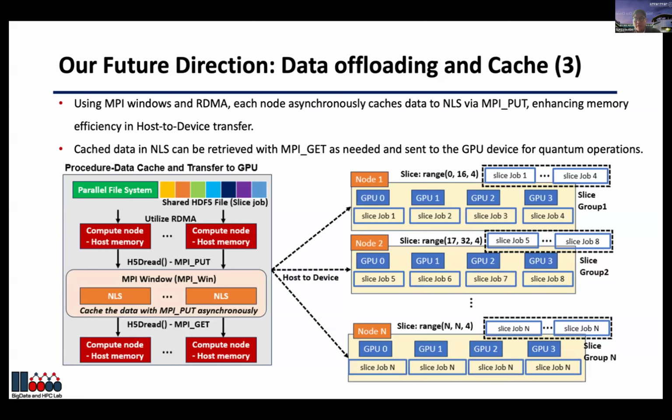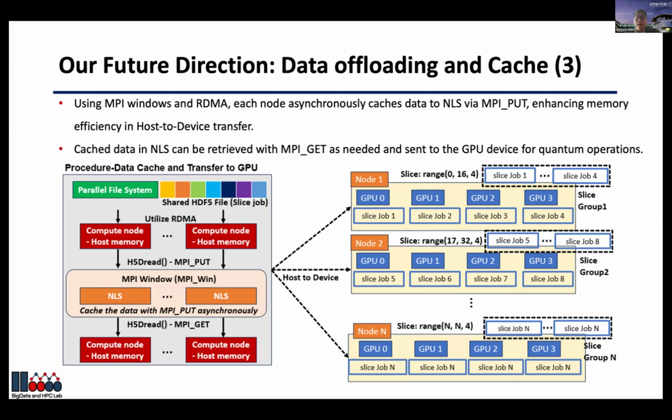And the more detailed thing is that we will utilize RDMA, the remote direct memory access that is widely used in HPC applications and highly optimized for the proprietary clusters such as Perlmutter, where it has a dedicated interface like InfiniBand and thousands of compute nodes.